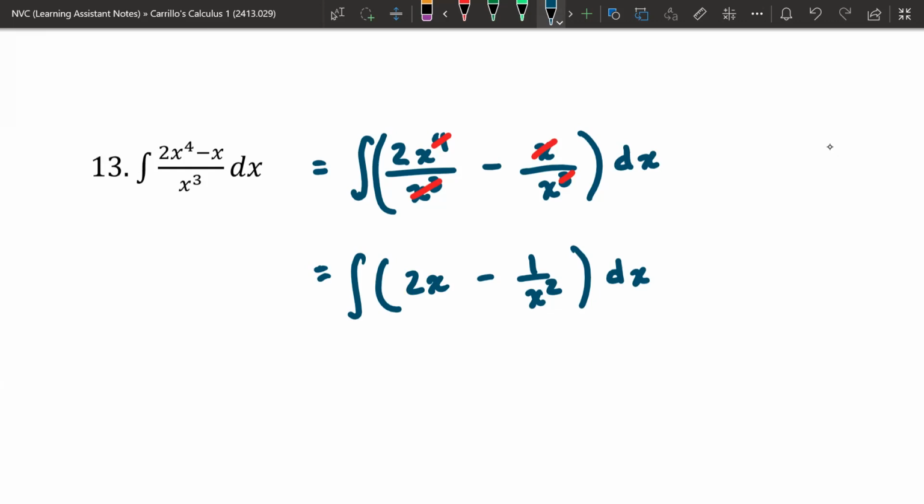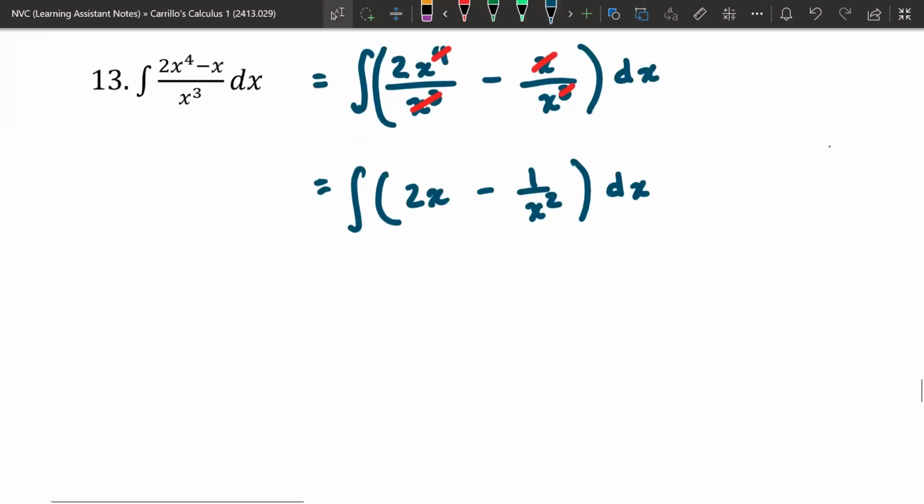So now again, we have our integrand separated by a difference, so we can take the antiderivative of the first and subtract the antiderivative of the second. The antiderivative of 2x, we can ignore the constant coefficient, and then you'll have a power function.